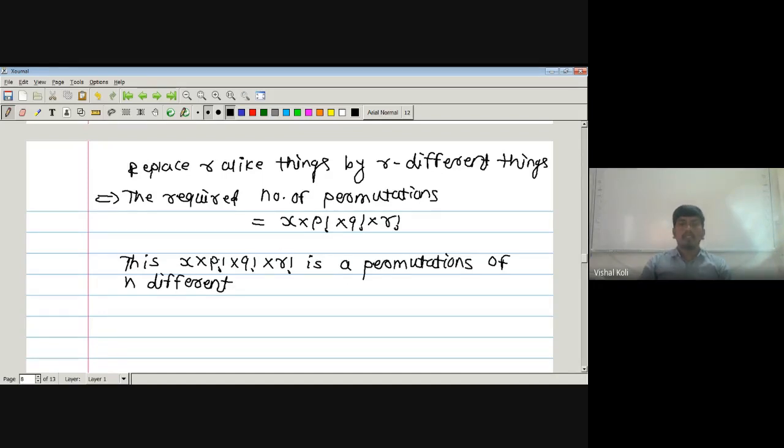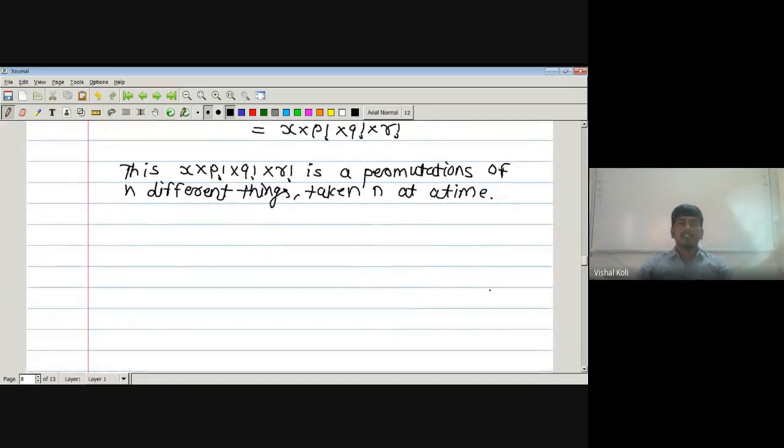So this is nothing but the permutations of n different things taken all n at a time. But we know that the permutation of n different things taken n at a time is nothing but n factorial.